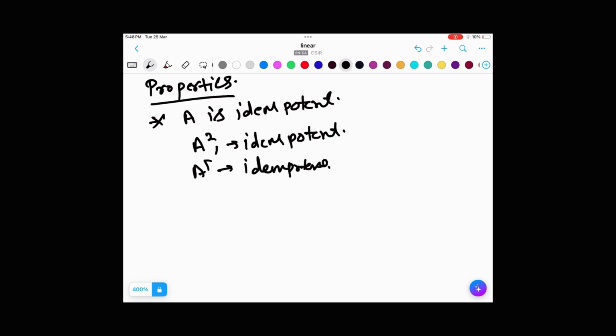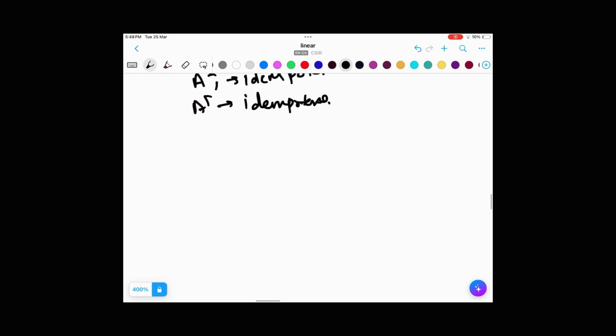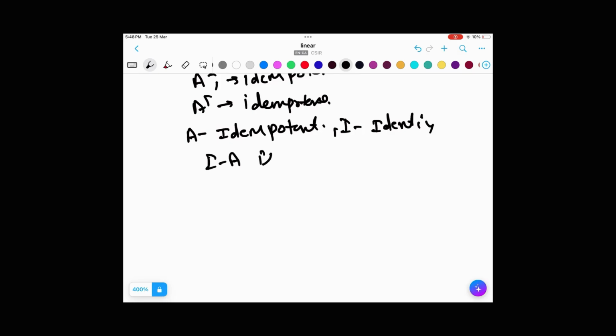Okay. And if A is idempotent and I is the identity matrix, then I minus A is idempotent.